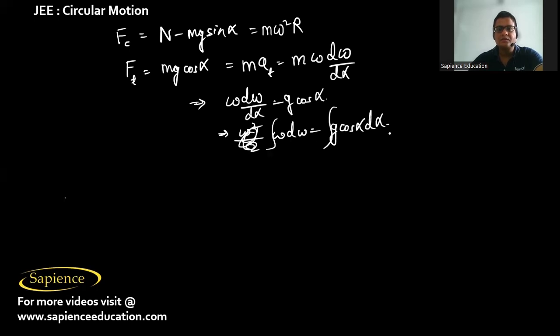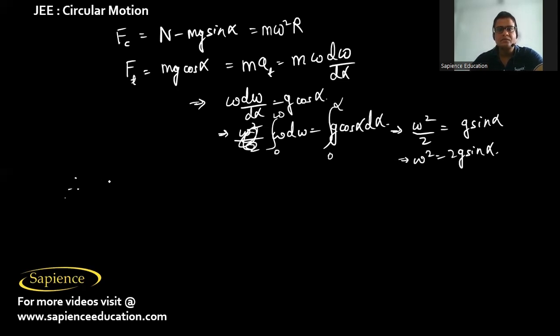Now if you integrate it, then we will get omega square by 2 equal to the integral of cos alpha, that is sine alpha. So that is g sine alpha, from 0 to alpha, and this will be from 0 to omega. So omega square is equal to 2g sine alpha.